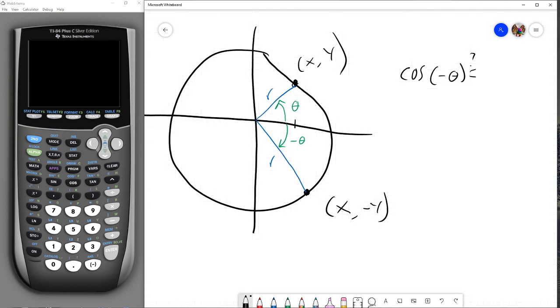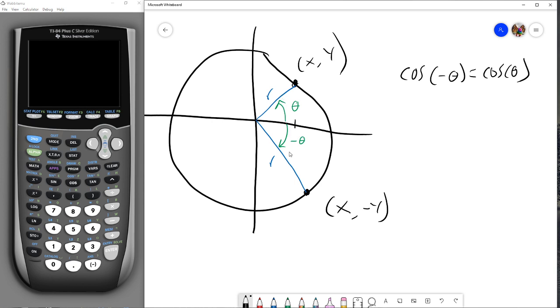So when we look at our graph, notice when we have positive or negative theta, our x-coordinate is the same. That means since we share the same x-coordinate, this is just going to equal x, or a better way of putting it, in fact, is let's delete that and say that this is the same thing as cosine theta. Because cosine theta is giving us this x value.